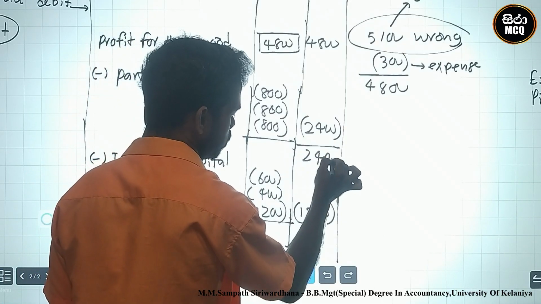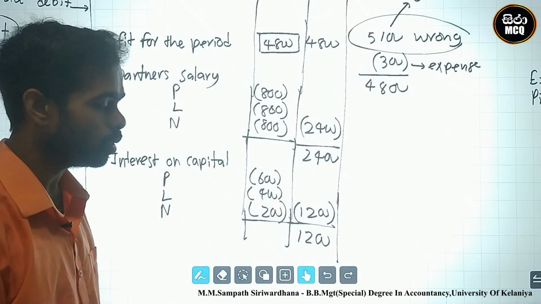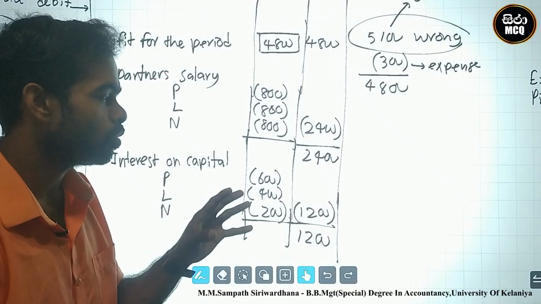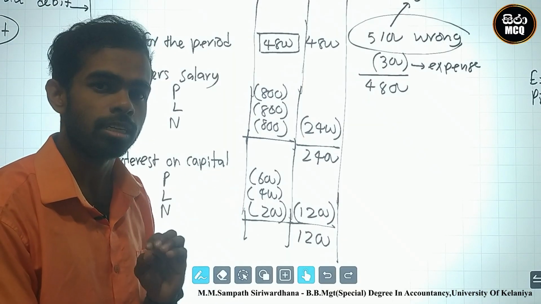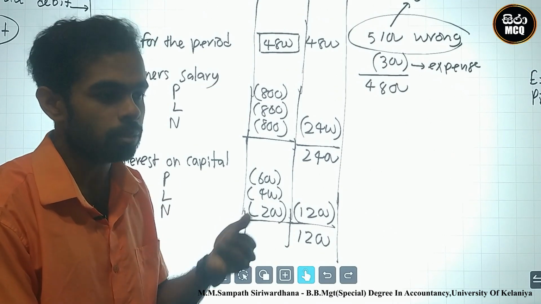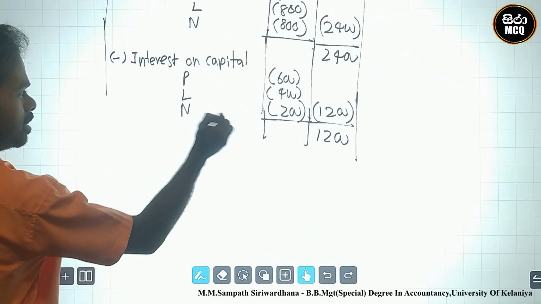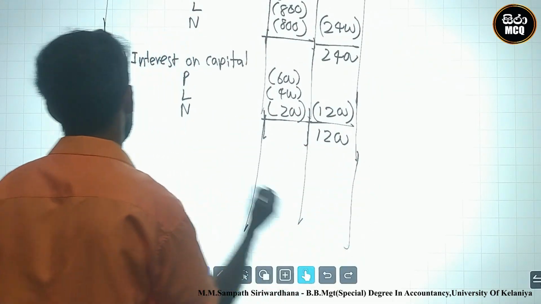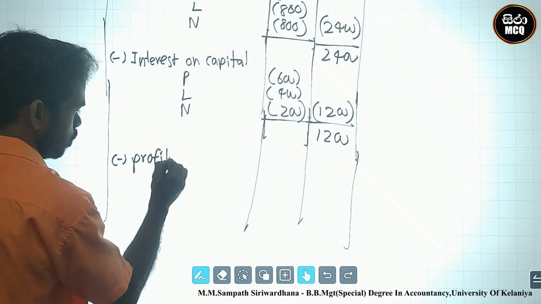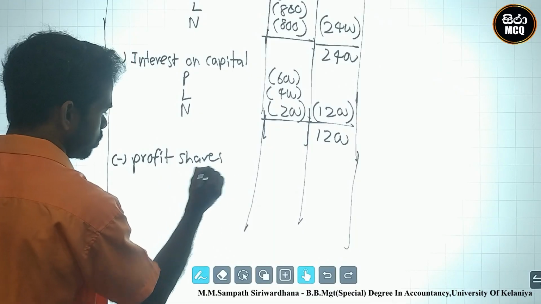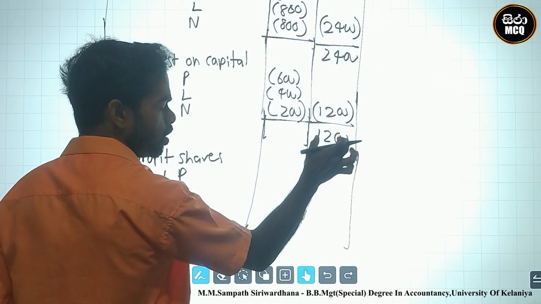This is 2400, 1200 was remaining. 1200 should be divided in profit or loss shares. Neil retired on the closing date, no? Therefore we must give him the profit shares. Therefore profit shares are equal for PL, Lal and Neil.